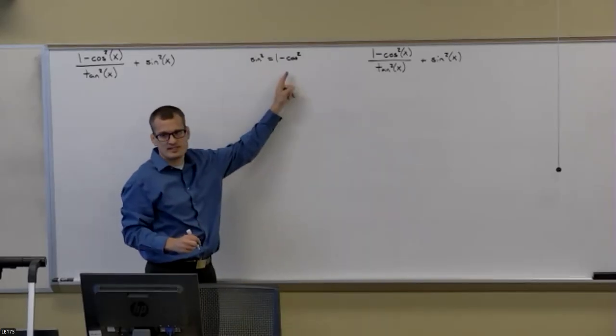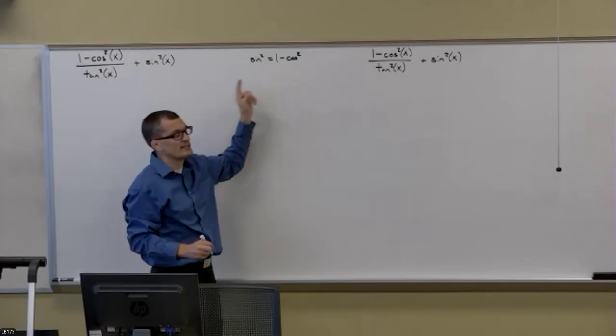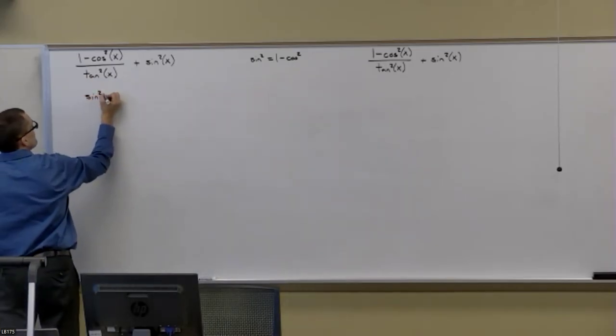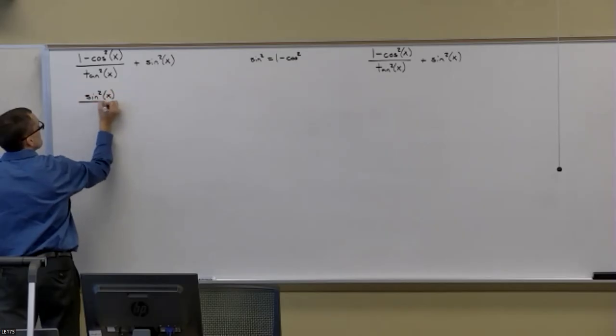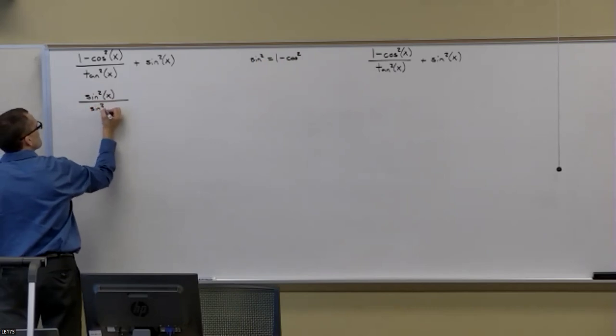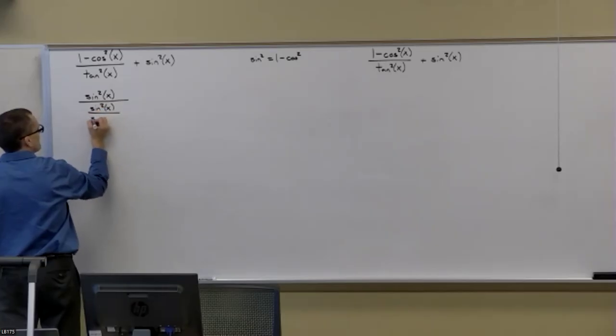I obviously didn't write the argument. So I can put 1 minus cosine squared is sine squared. And then I could, if I wanted to, put tangent as sine over cosine. So tangent squared is sine squared over cosine squared.